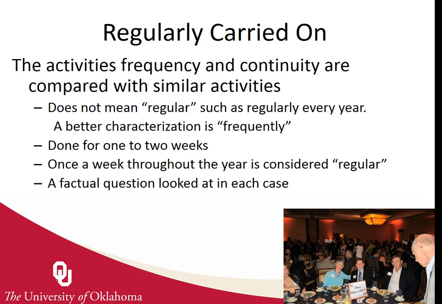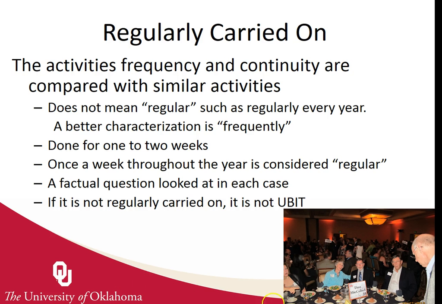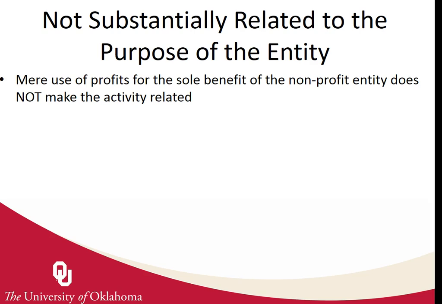It's a factual question that is looked at by each case as the issue comes up. If it is not regularly carried on, it is not UBIT. So a banquet that's done once a year is not a regularly carried on activity, therefore it is not UBIT.